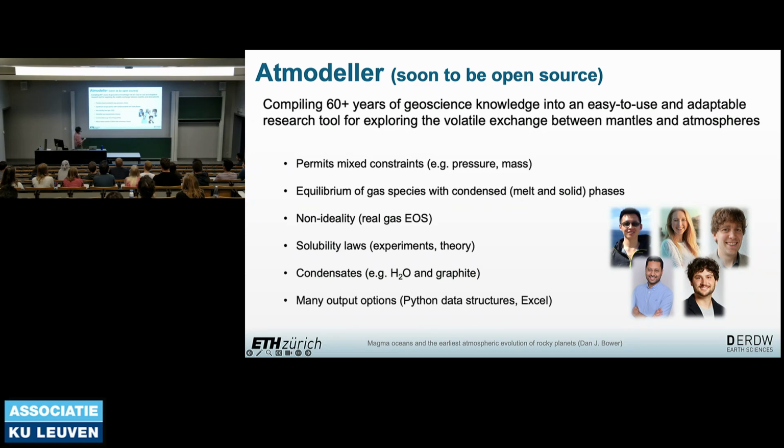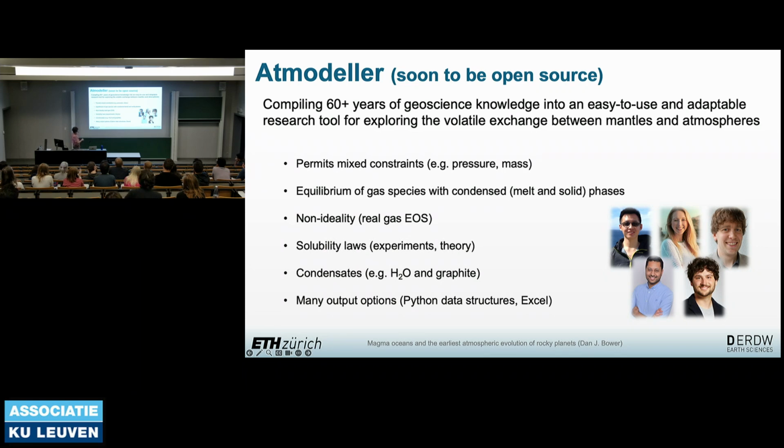So there's a few different aspects that we include. In particular, it's quite common in exoplanetary systems to want to prescribe a range of different constraints. So sometimes we want to prescribe the amount of mass in the system, so the amount of elements by moles or mass. But sometimes we also want to prescribe pressures. And so the idea is that this toolkit will allow you to prescribe different constraints depending on what you are interested in.